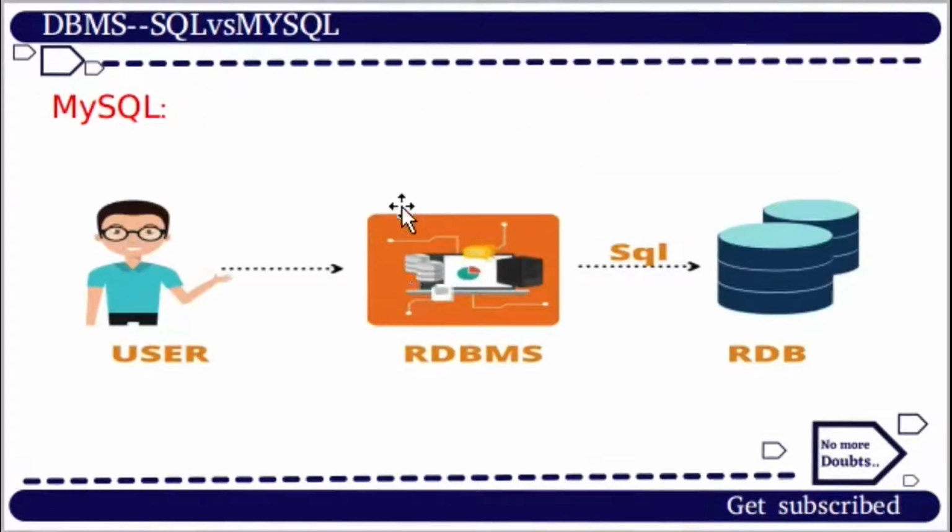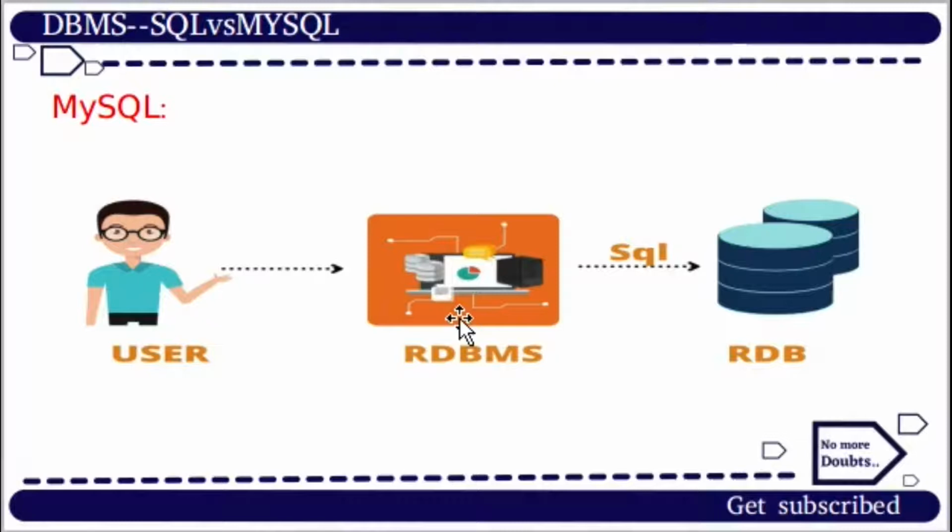Now, let me explain in my own words what is a relational database management system. You know that to manage a database, we need a database management system. Similarly, to maintain relational database, we need a relational database management system, and that system has to be created by you, and it was a tough task for us to create a management system.